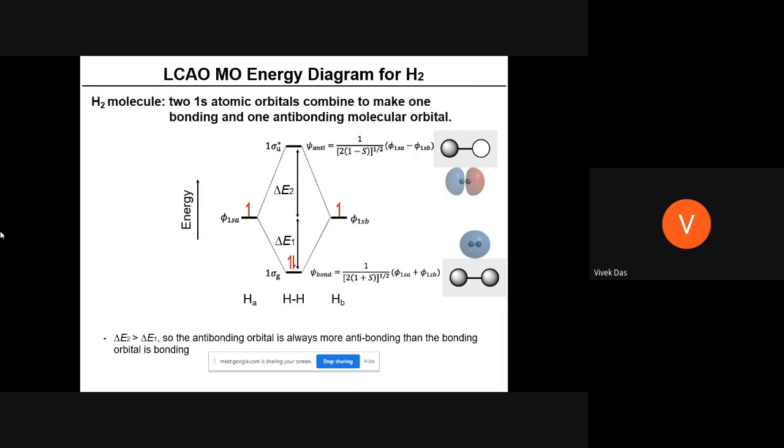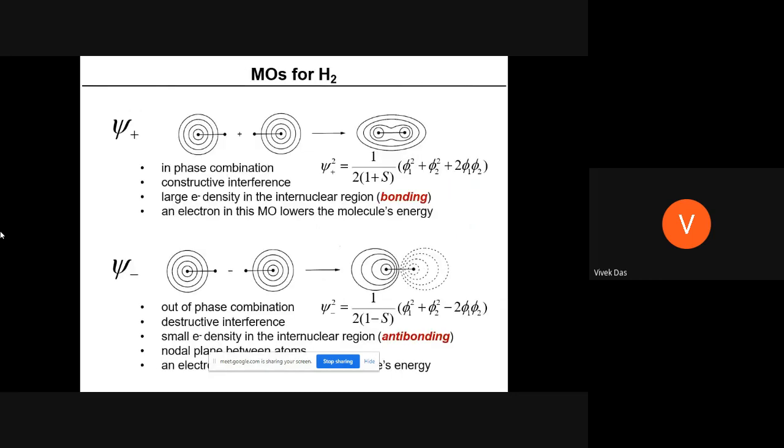Here you can see the gap delta E2 is greater than delta E1, which tells us that the anti-bonding orbital is always more anti-bonding than the bonding orbital is bonding. This will come again later and you will get more relevance with it. These are the molecular orbitals for the hydrogen molecule.